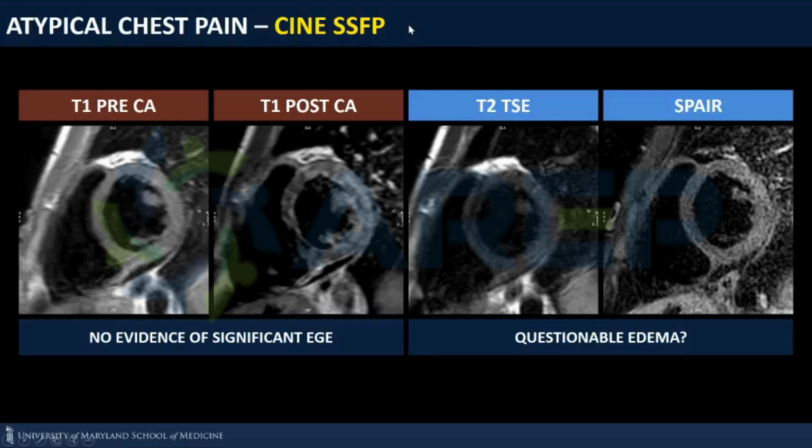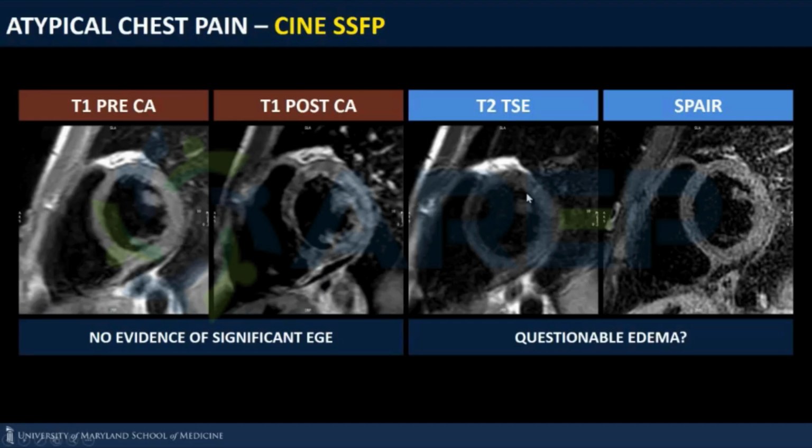But to focus more on specific cases, here we're looking at a patient that presents with atypical chest pain. When we look at the steady state free precession images, we're looking at T1 values, both pre and post contrast, and the post contrast is done almost immediately after we've given the contrast, and we don't really see any significant enhancement. Again, you can compare the myocardium to skeletal muscle to see if there's any specific enhancement.